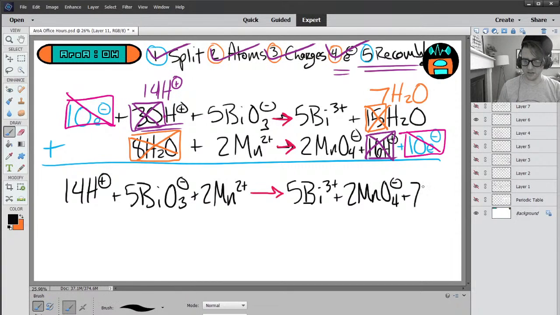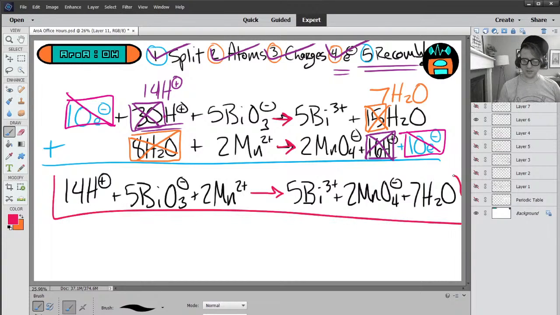Plus 7 molecules of water. This is the balanced redox reaction.